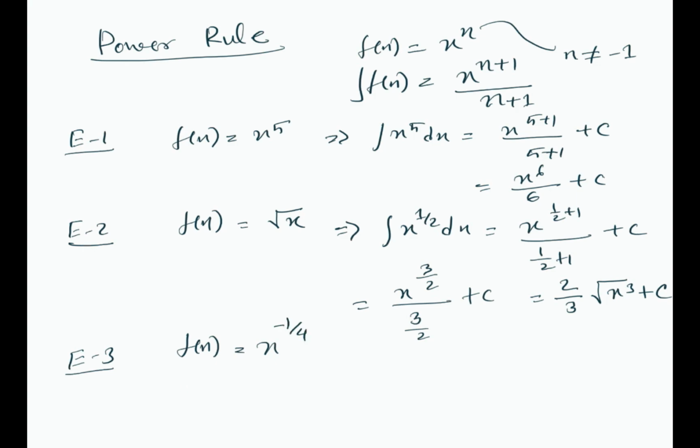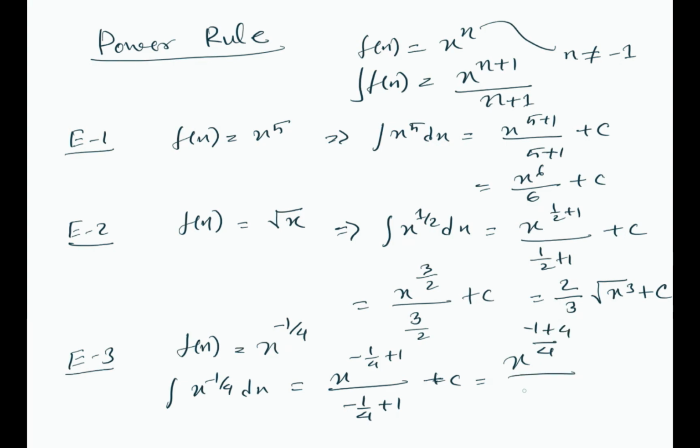So the integral of this function, x to the power negative 1 over 4, is equal to x to the power negative 1 over 4 plus 1 divided by negative 1 over 4 plus 1, plus c, which is equal to x to the power (negative 1 plus 4) over 4, divided by (negative 1 plus 4) over 4, plus c.